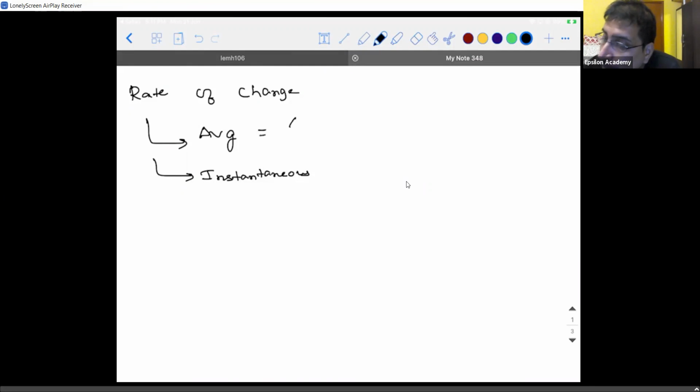So whenever you talk about average, it is the change in the value of y with respect to time. Whereas whenever you talk about instantaneous, you call it dy by dt. Are you guys able to understand the difference? The symbol itself will tell you which one is average and which one is instantaneous. So if you use the symbol delta, it is average.